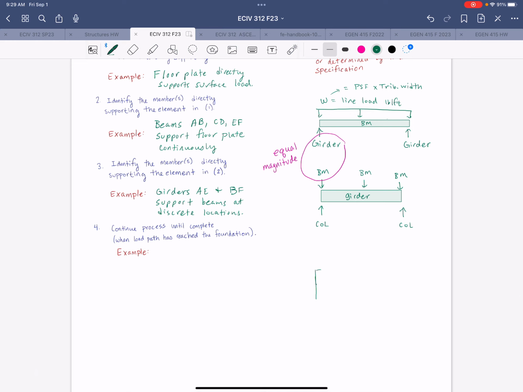You have the column supported by the foundation. And that's the same force. The reaction that you found from the girder would be flipped around and applied to the column. Questions?